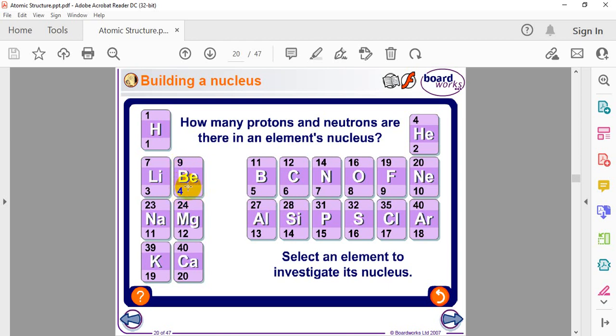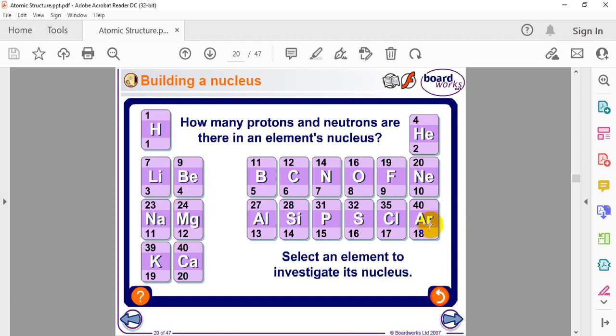There can be instances where I give you the mass number and ask you to calculate the neutron number. So if I have a mass number of 24 for magnesium and I give you a proton number of 12 and say find the neutron number, you just subtract 12 from 24 to get a neutron number of 12.